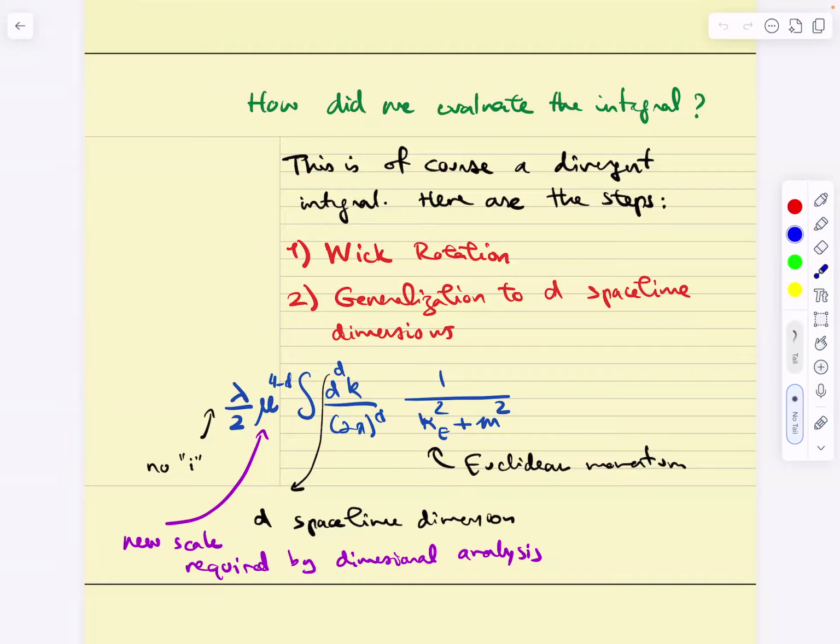But this is a regulator, so we're going to carry this power of d as a parameter in our calculation. In our renormalized perturbation theory, we renormalize the theory with this d, then we calculate. This establishes a dictionary between physical and bare parameters that depend on mu and d.